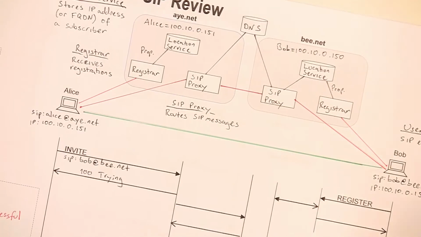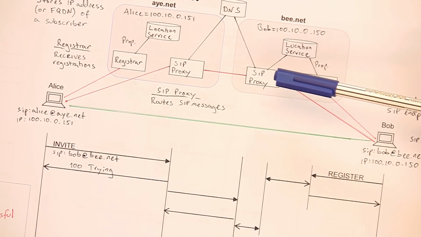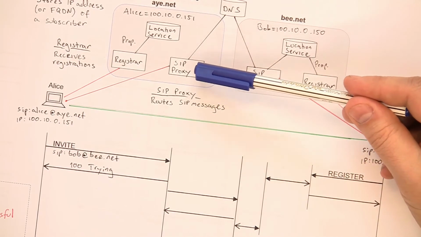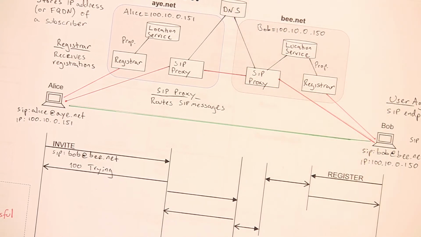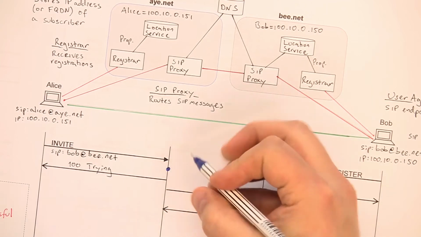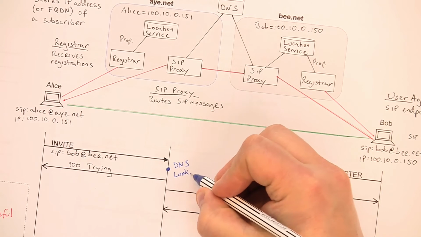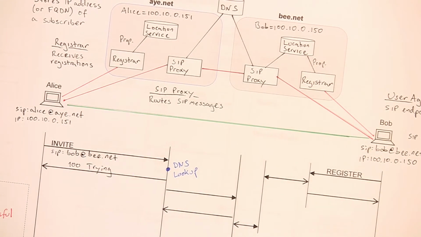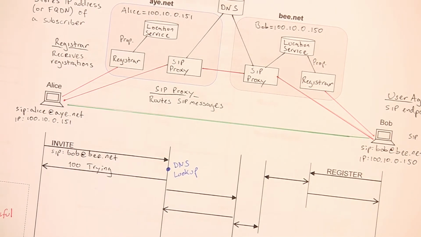So what will be done now is the SIP proxy on Alice's side will make a DNS lookup. I'll just put a little blue dot here and make DNS lookup like this. Fine. Now it has done that so that it can forward it to Bob's domain, b.net.